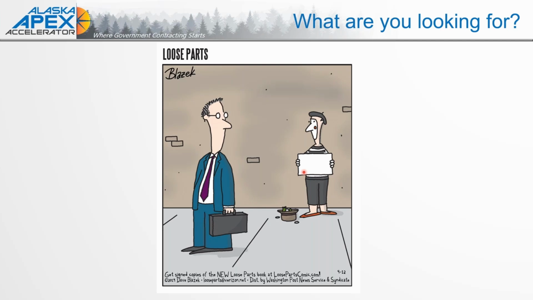We need to know what's going on out there so we can make that best business decision of how we're going to spend our time. Are we just going to chase bids, or do we need to know what the agency is doing? If we are a supplier or a support agent entity, we need to know which businesses are getting which contracts or interested in what activity, because that gives us a discussion opportunity.